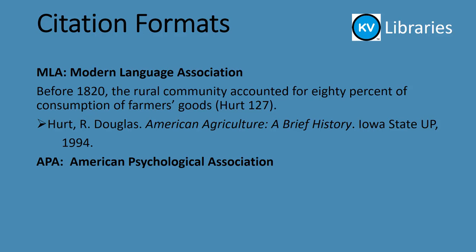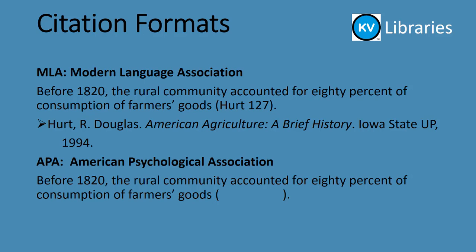While the citation for the same sentence may be very similar in APA and would still include the author's last name, APA requires that the publication year be included rather than the page number, with a comma separating the name and date.